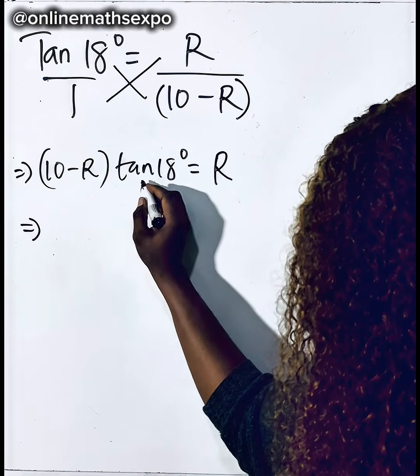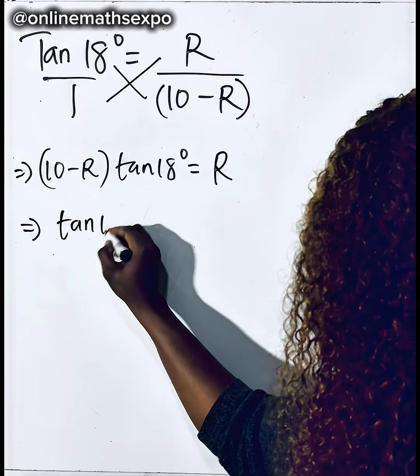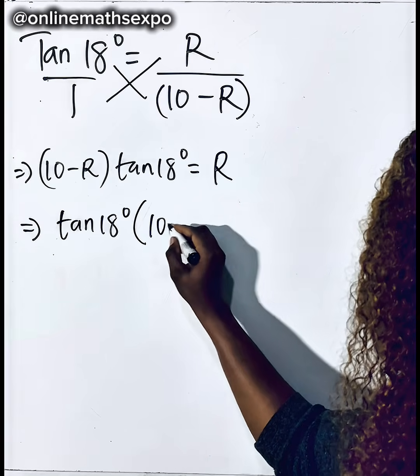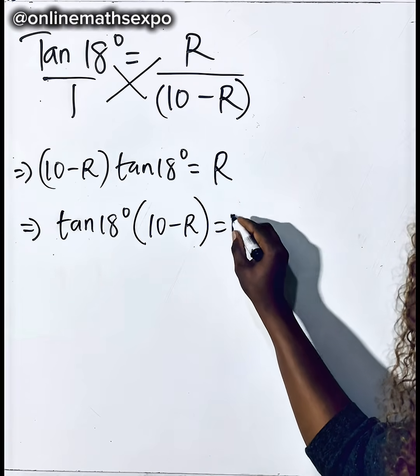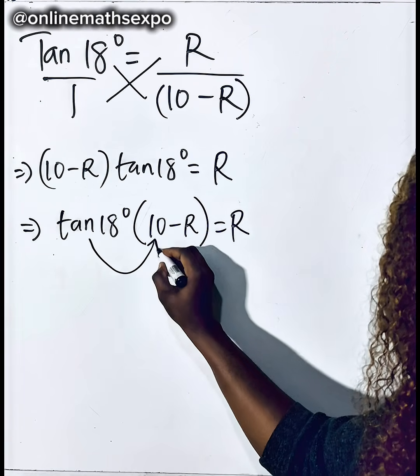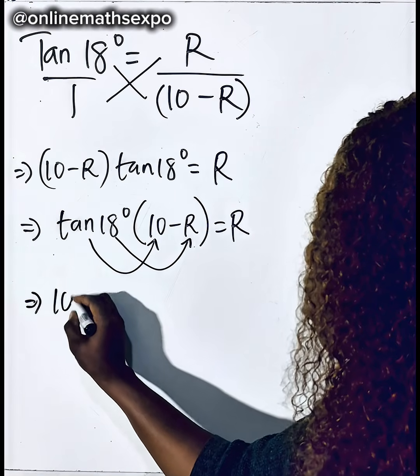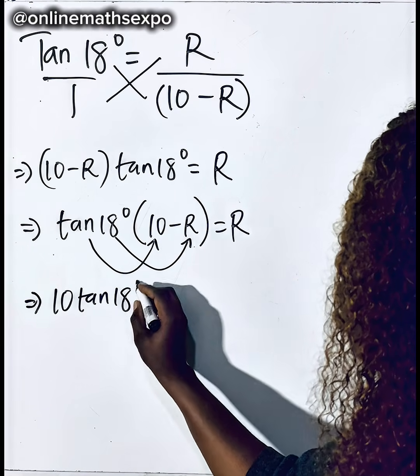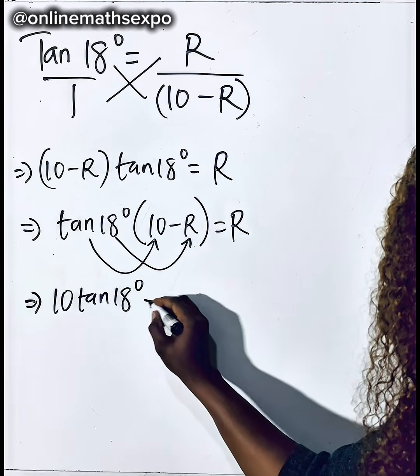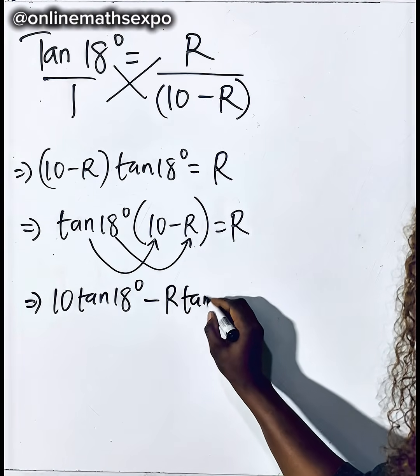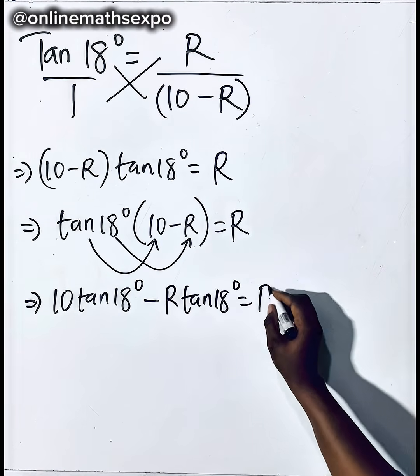This is the same as having tan 18 degrees into 10 minus r is equal to r. This multiplies this and also multiplies this. This times this will give us 10 tan 18 degrees. This times this gives us negative r tan 18 is equal to r.